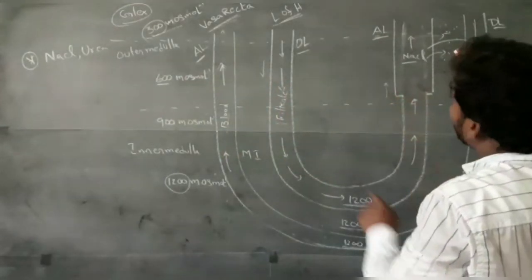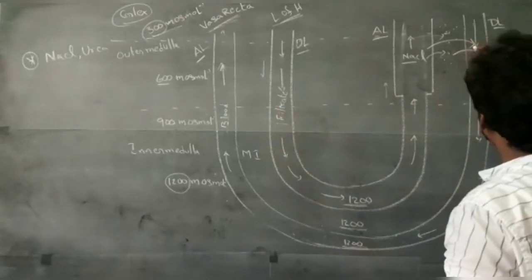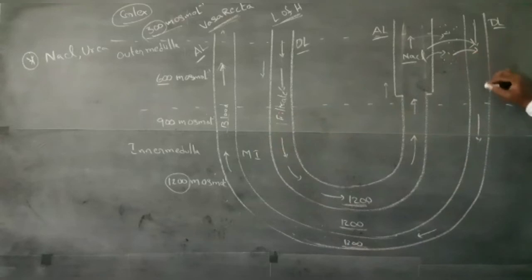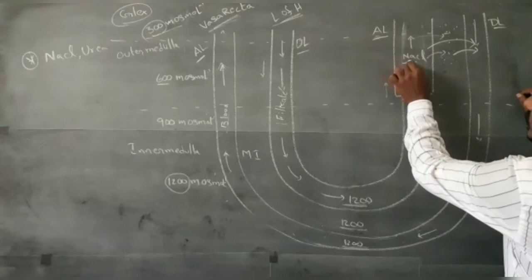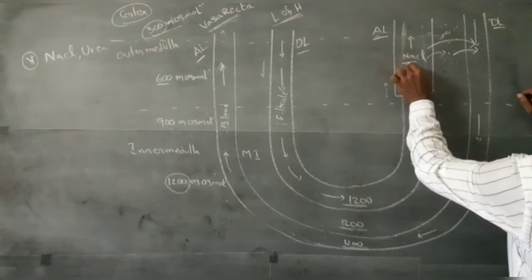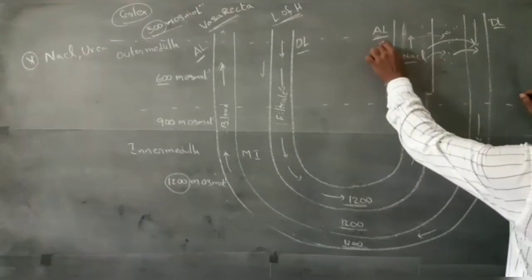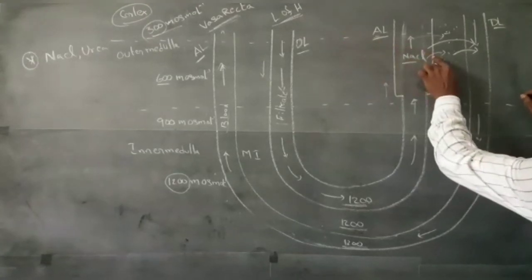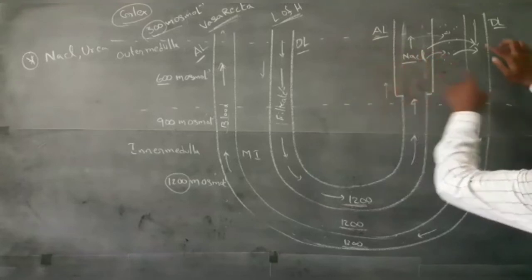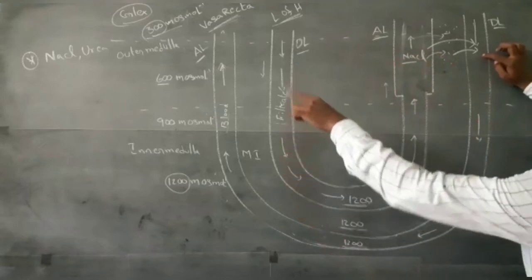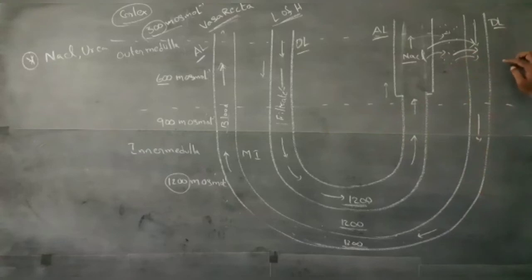Sodium chloride enters into the vasa recta at the descending limb of the vasa recta. Important, we have to look carefully. Sodium chloride enters into the medullary interstitium from the ascending limb of the loop of Henle. This sodium chloride enters into the vasa recta, into the descending limb of the vasa recta.